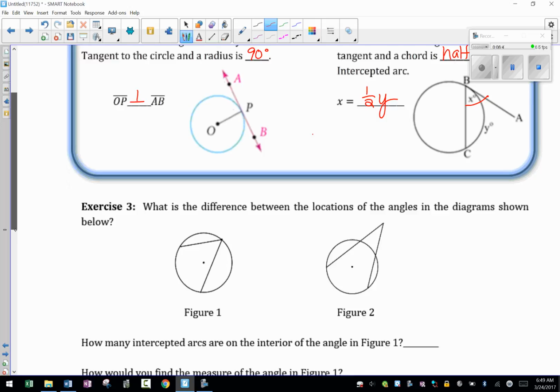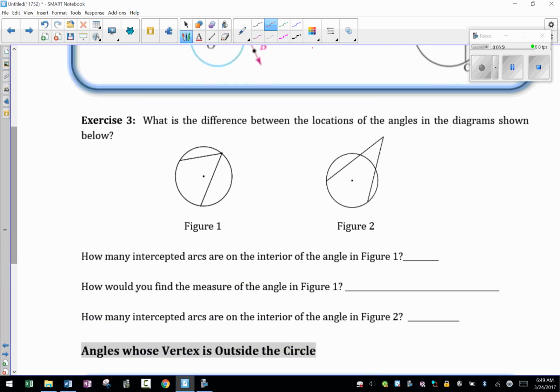So if we come down here, do a couple examples. What's the difference between the locations of the angles in the diagram shown below? Well, this one's on the inside, and that one's on the outside. How many intercepted arcs on the interior of the angle in figure 1? Okay, so here's a trickier question.